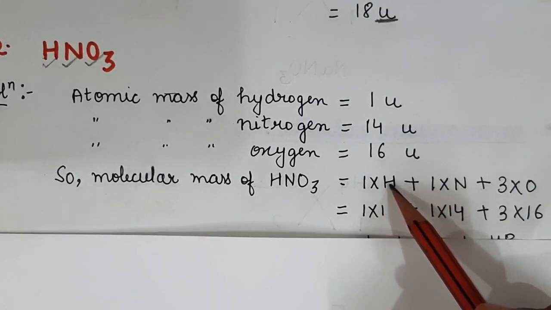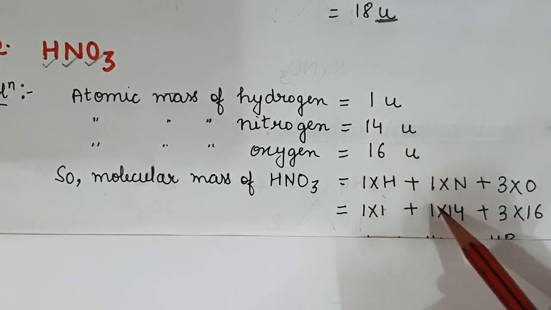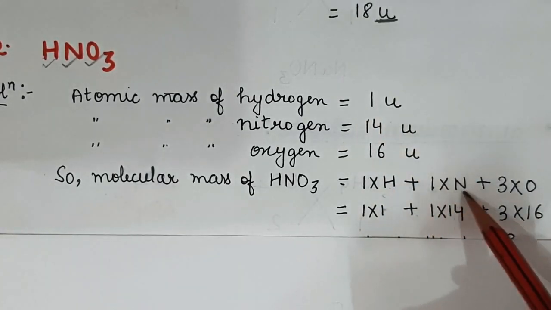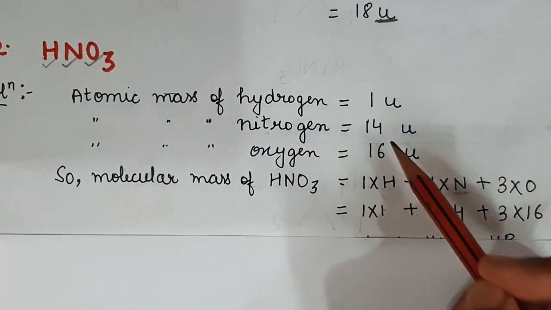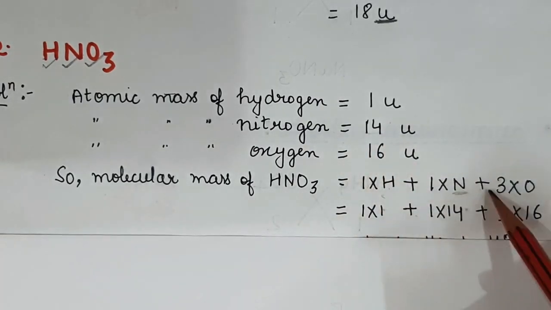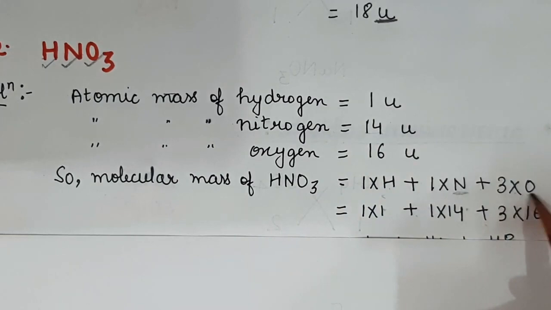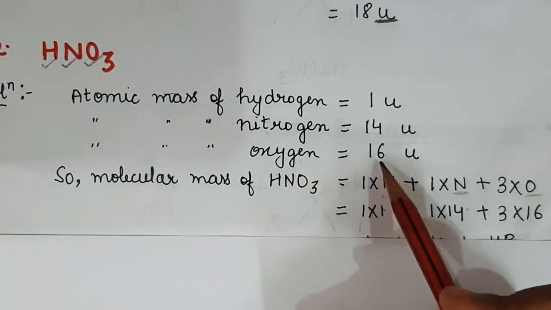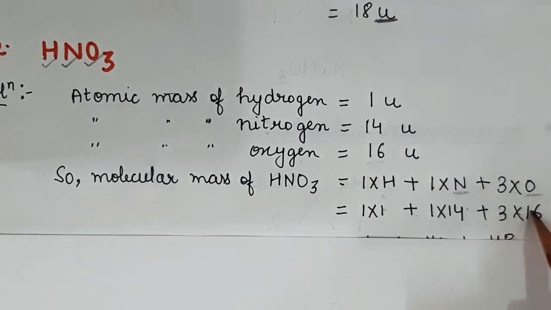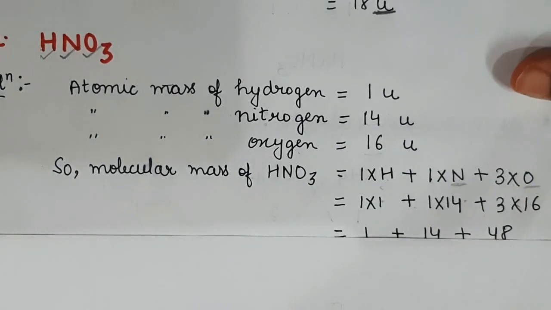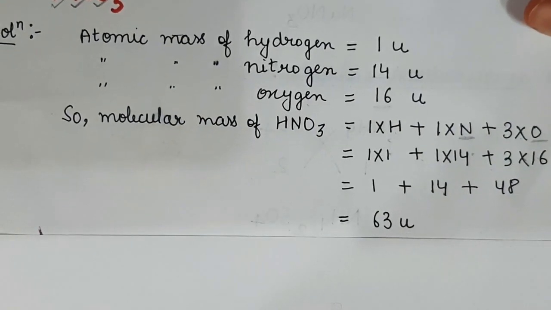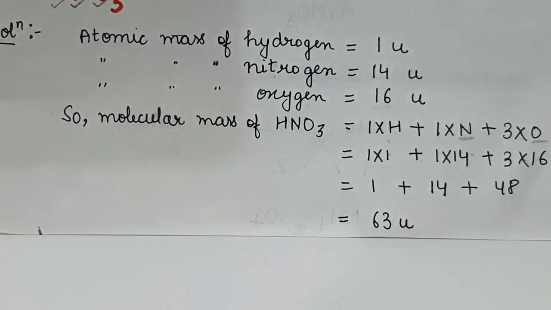Now hydrogen, it is 1. So 1 into 1 plus 1 into nitrogen atomic mass, that is 14. So 1 into 14 plus 3 into oxygen, that is 16 U. So 3 into 16. So just solve it. You will get your answer, that is 63 U. That is the molecular mass of HNO3.